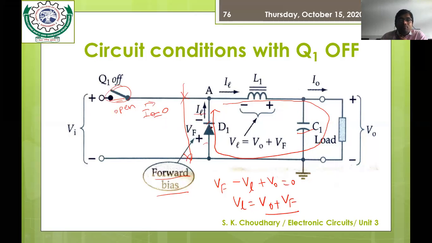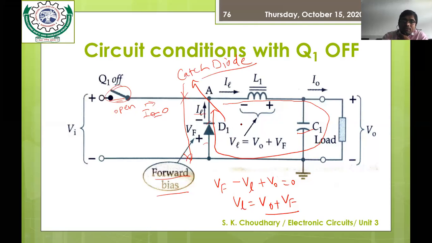So this is the benefit of connecting the diode in this circuitry: whatever the rise in the inductor voltage, it is caught by the diode D1. That's why its other name is catch diode. So the catch diode catches the voltage across the inductor VL and stops it from increasing.